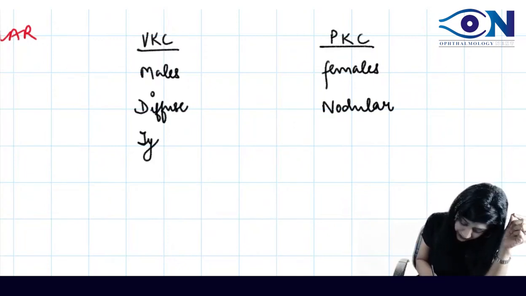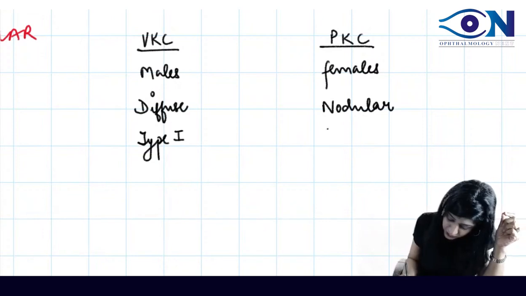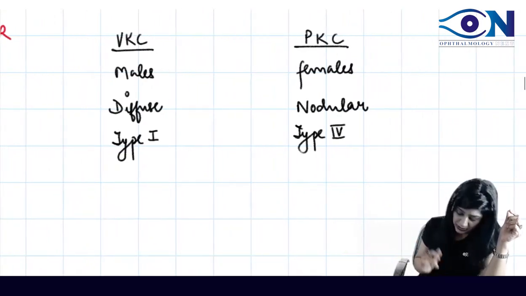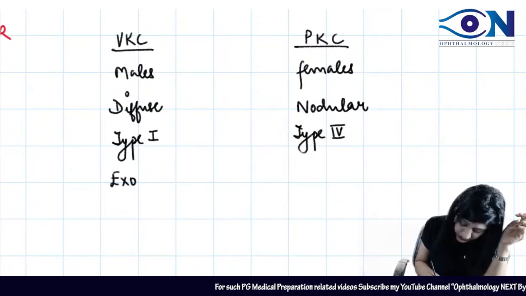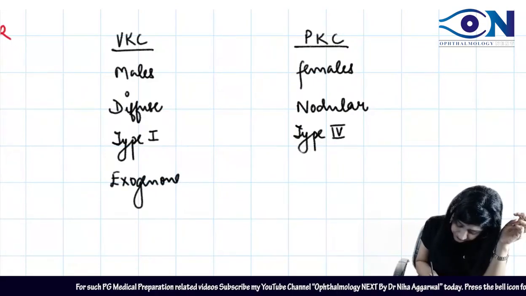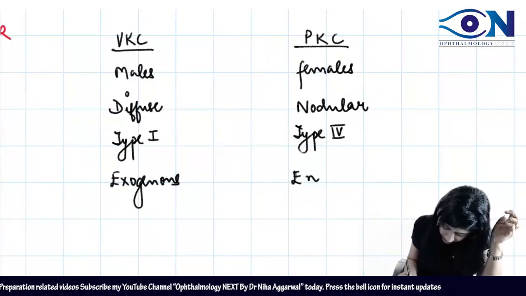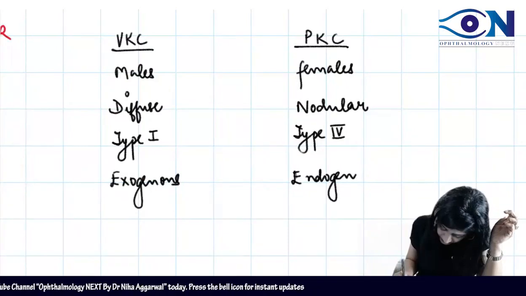This is your type 1 hypersensitivity reaction, while this is type 4 hypersensitivity reaction. Then this is your exogenous allergy, while this is the endogenous allergy.